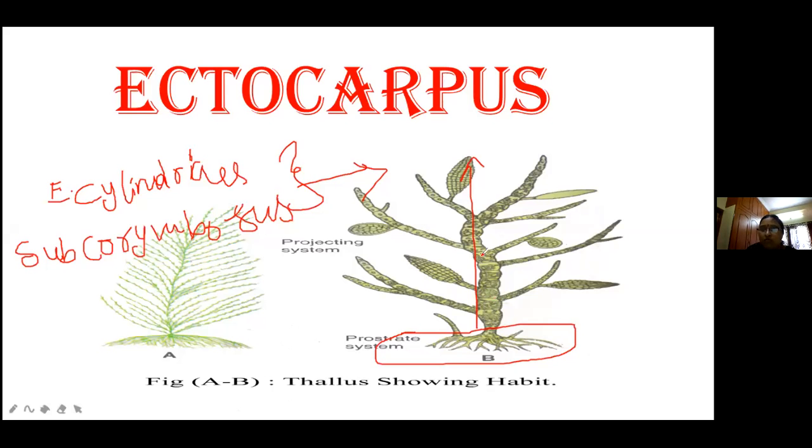In some species, the lateral branches, see which one, these are the lateral branches, bend backward, like hooks. That is called Ectocarpus brevirticulatus. These are how the thallus forms.